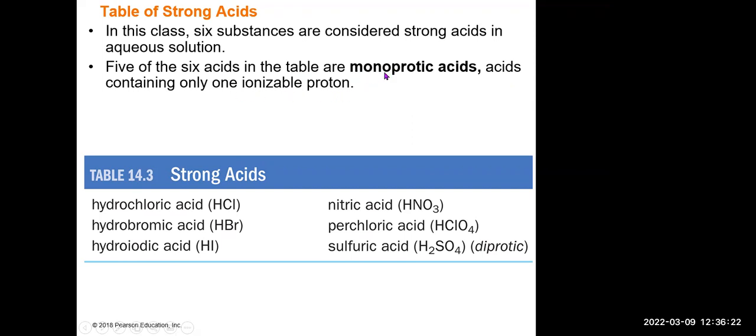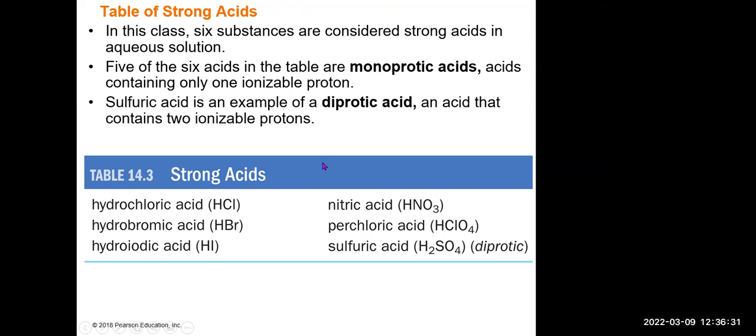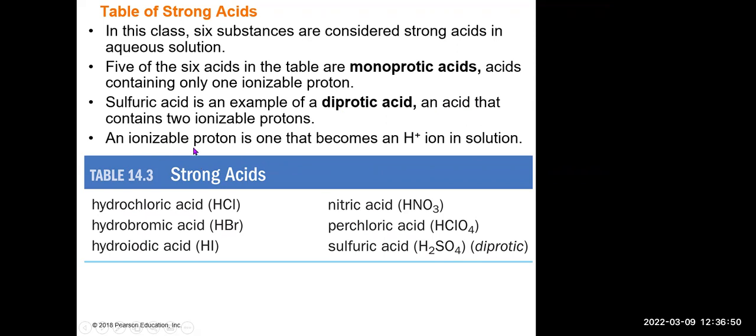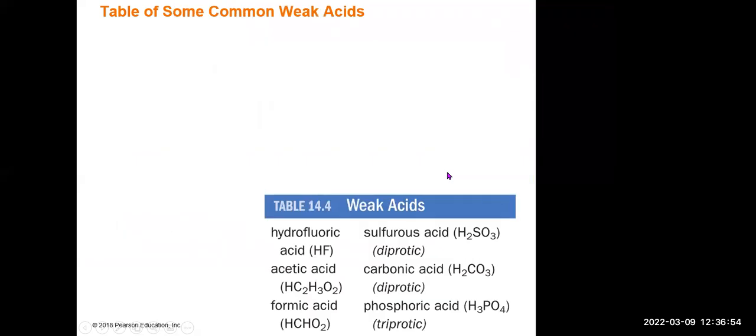The prefix mono means 1. So monoprotic, monoprotic, monoprotic, monoprotic, and monoprotic. And there's only one diprotic. Di means 2. So that means at most, sulfuric acid can give 2 H. A diprotic acid is an acid containing 2 ionizable protons. An ionizable proton is one that becomes an H+ ion in solution.